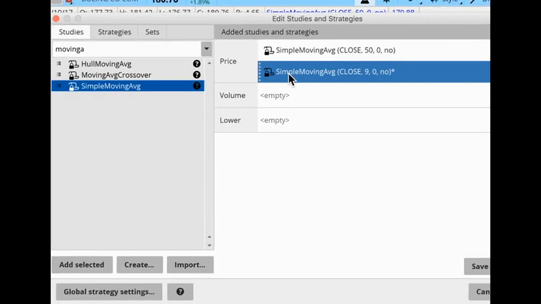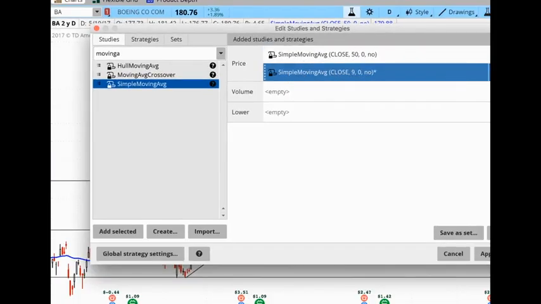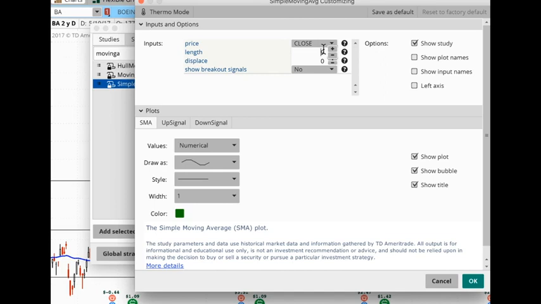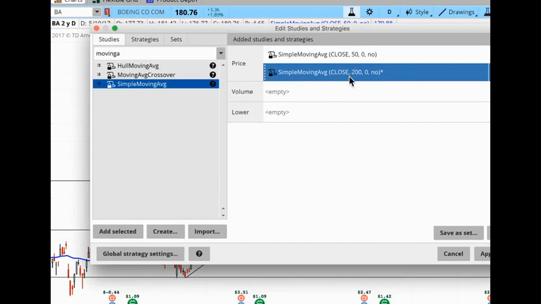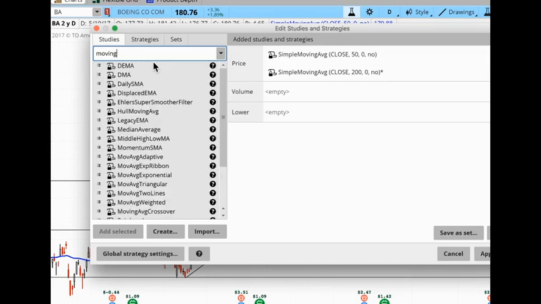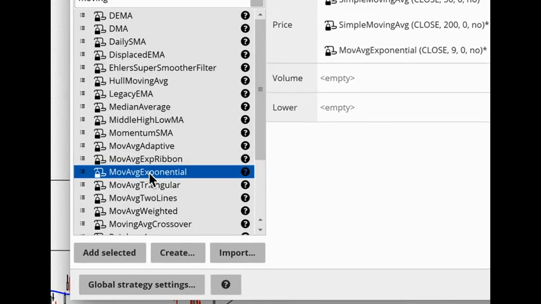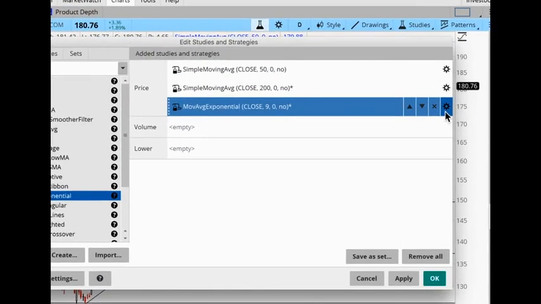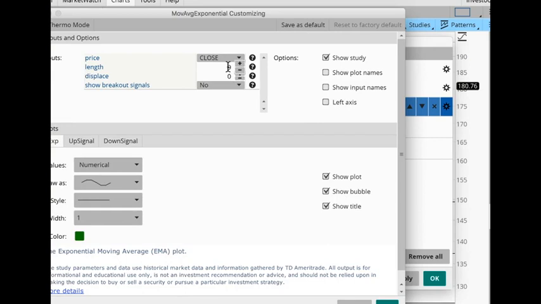Double click again. So this time I want to put in, for example, the 200 moving average, which is the long-term trend. Red. Width 2. Okay, so there we are. I can also put in the exponential moving average. This one, moving average exponential. 20 EMA.